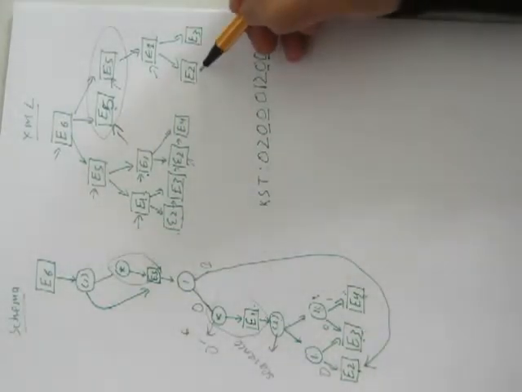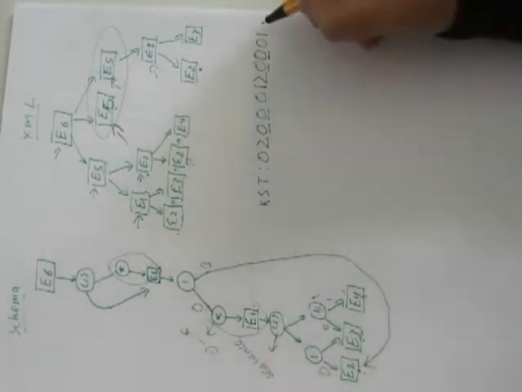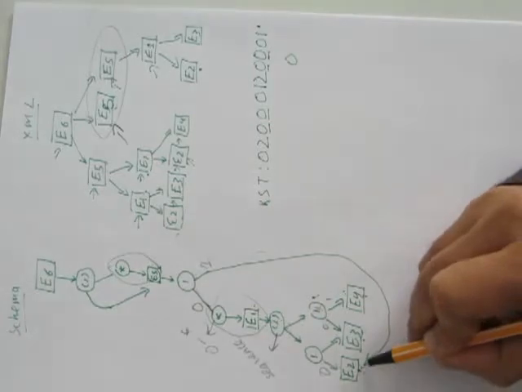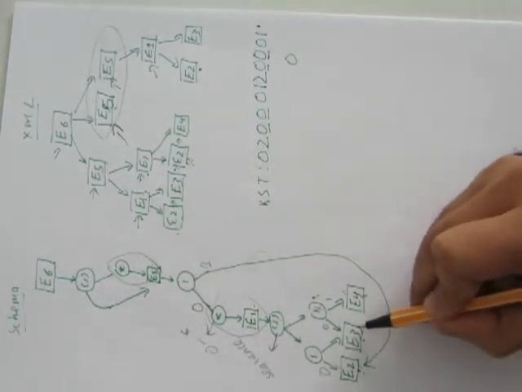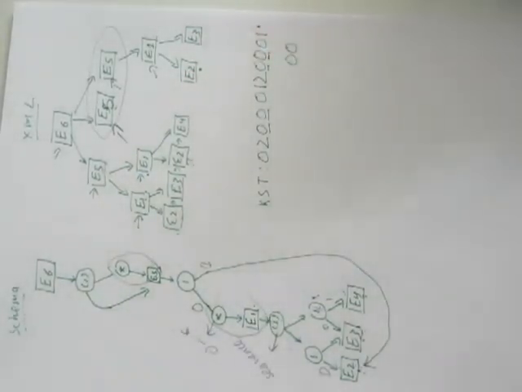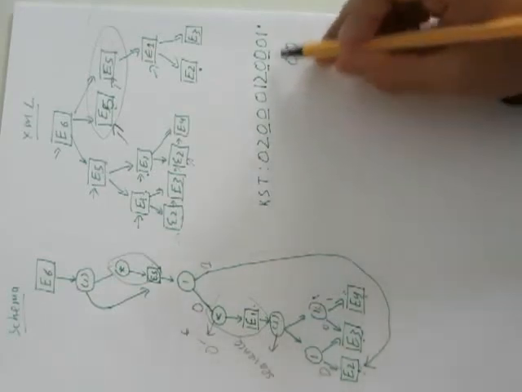Here it's E2, so we choose left, so let me write down 0. For the right side also we choose E3, that is again 0. Then this is our Kleene size tree, the whole thing.